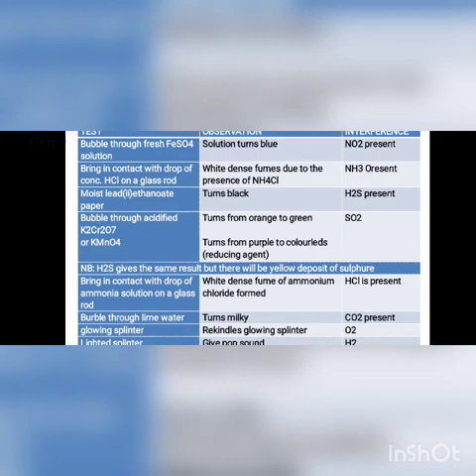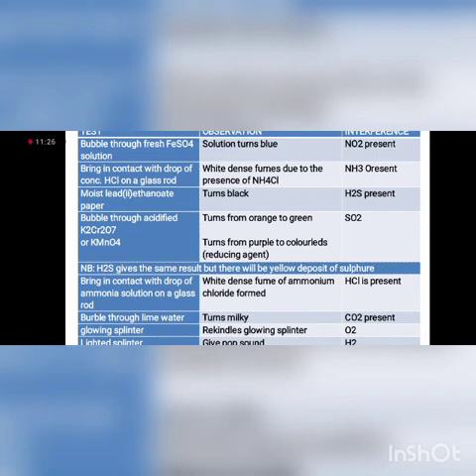Now when you bubble an unknown gas through acidified potassium heptaoxodichromate or potassium tetraoxomanganate 7, if it is potassium dichromate, it will turn from orange to green. And if it is potassium manganate 7, it will turn from purple to colorless. That particular property is a reducing property, and that shows that sulfur 4 oxide is present.